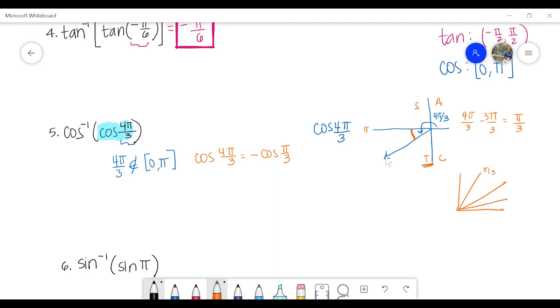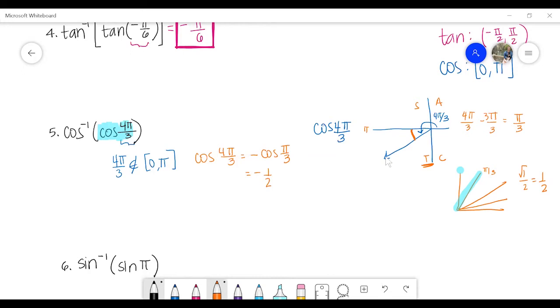Pi/3 is this one. For cosine, that means your index finger is down, and we count how many you have above that index finger, and that's 1. So your cosine is square root of 1 over 2, which translates to just a half. So you end up with -1/2.